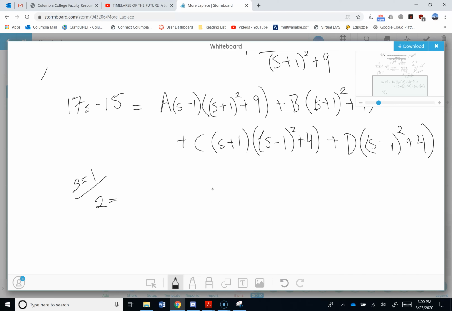Is A times 0 and B times 2 squared plus 9, which is 13, plus C times 2 times 4 plus D times 4. You guys with me on that? Yeah.